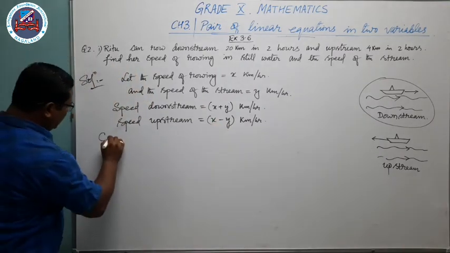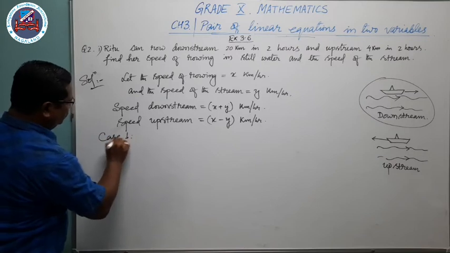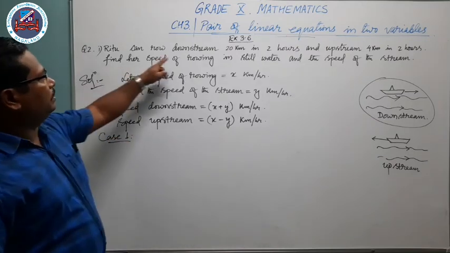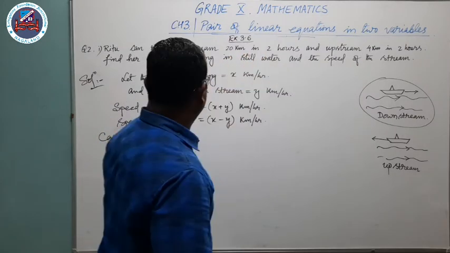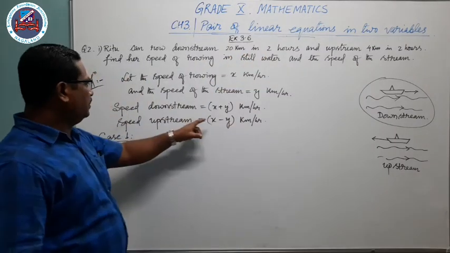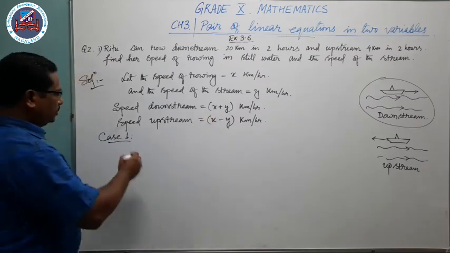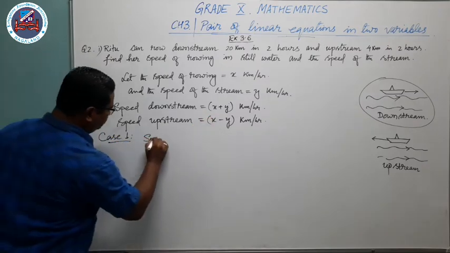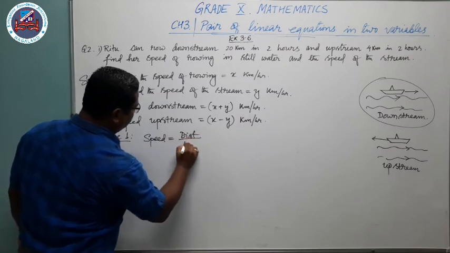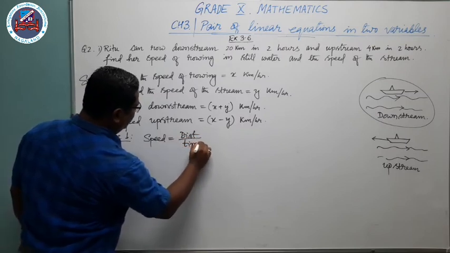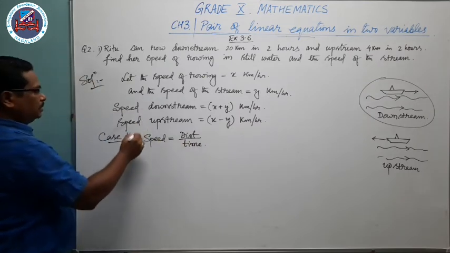Now case 1 and case 2. If you go to the question, Ritu can row downstream 20 km distance, and time is given, so you can use the relation speed is equal to distance by time. Here we are talking about downstream speed.